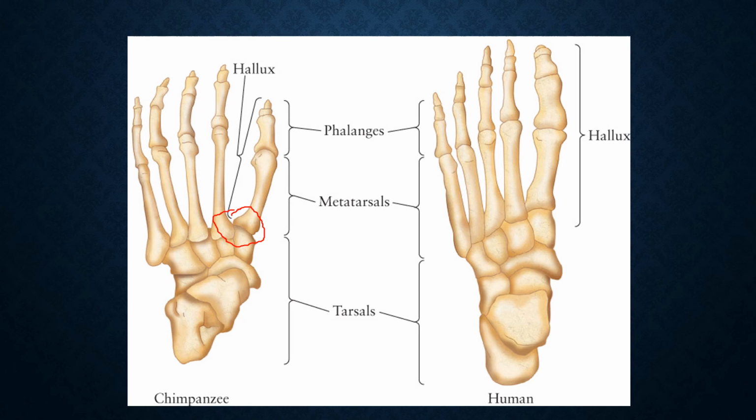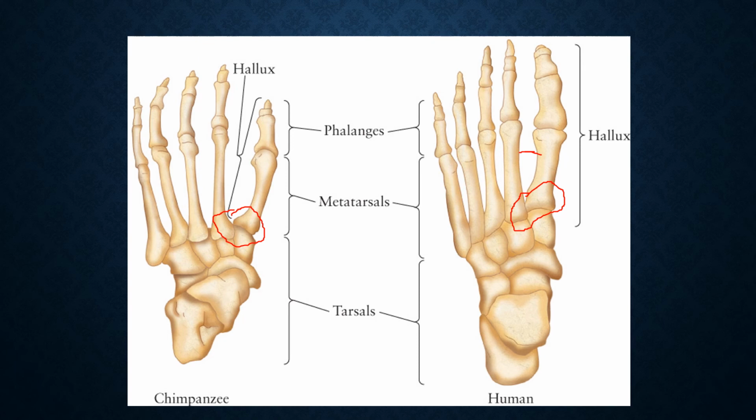If we look at the human, on the other hand, there's not a whole lot of space between the hallux and the rest of the toes, and there is really no movement, and the bones at the base of that hallux are very, very close together, right? That's why our big toes are not opposable. The big reason for this is that chimpanzees walk on all fours and move around in the trees, so they need that extra grip.